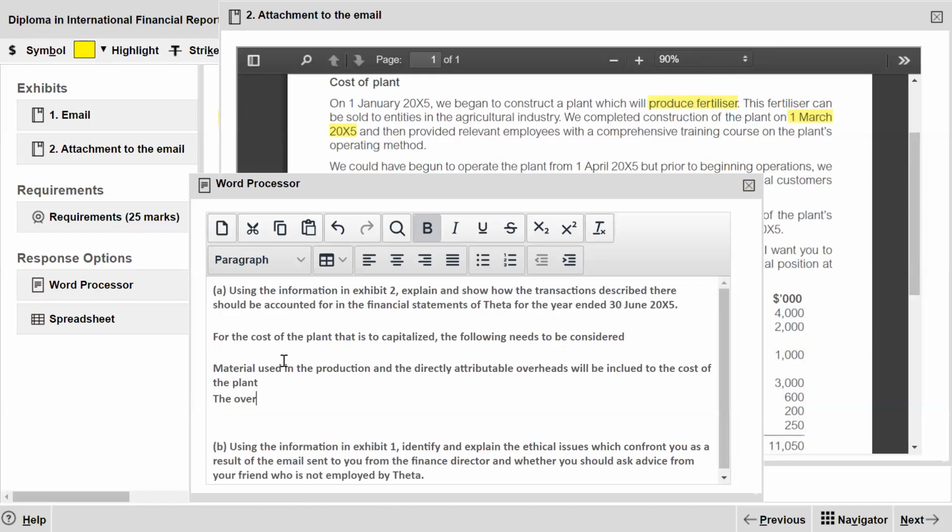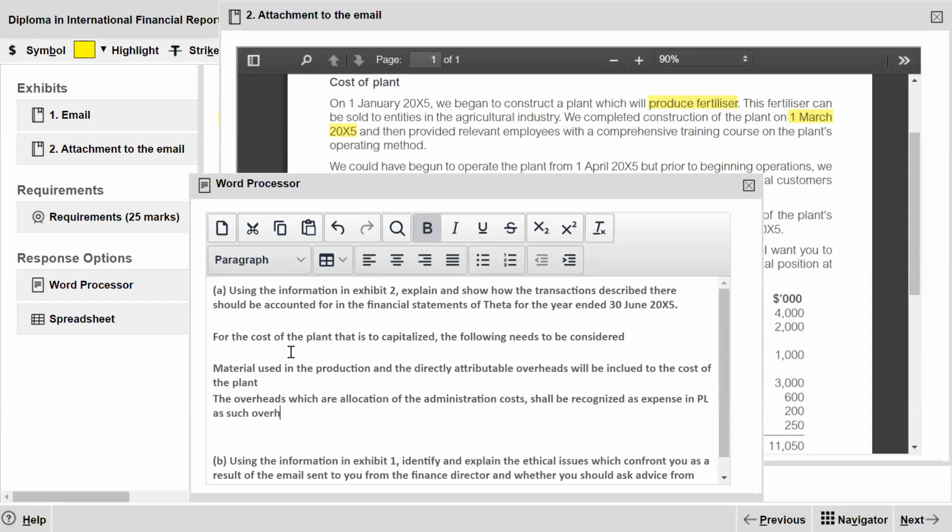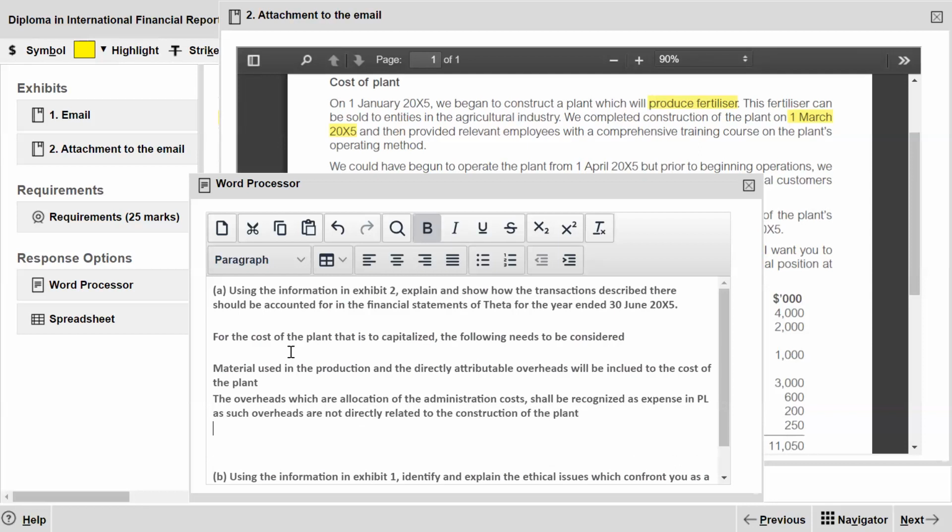The overheads, which are allocation of the administration cost, shall be recognized as expense in P&L, as such overheads are not directly related to the construction of the plant.